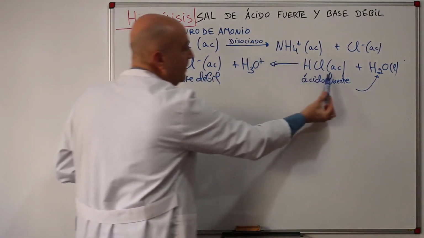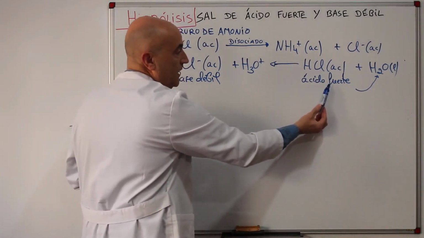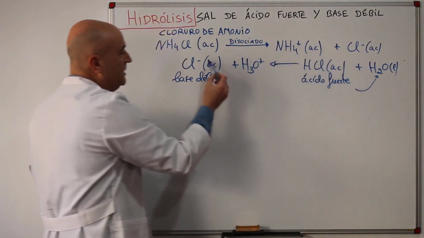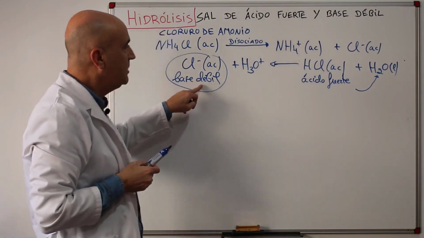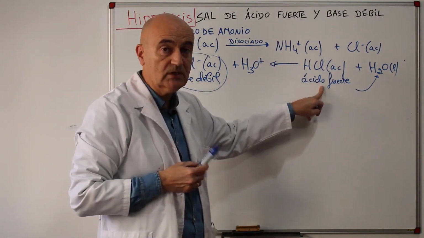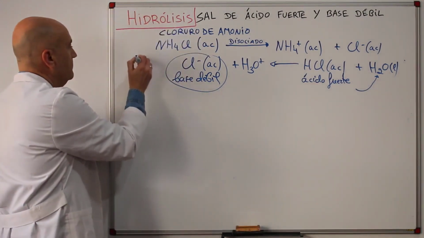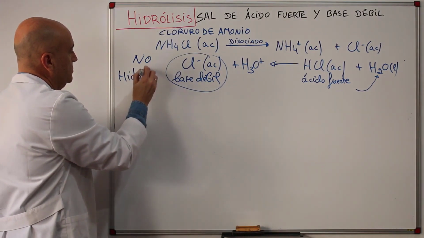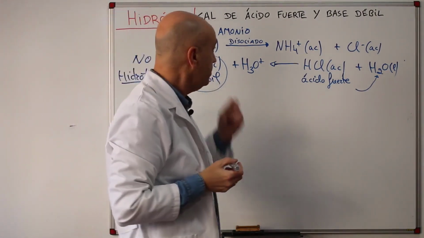It is not going to cause the formation of hydrochloric acid; rather, hydrochloric acid will react with water and dissociate into its ions, and we will have only the chloride. Therefore, the chloride coming from a strong acid, as I mentioned in a previous video, does not undergo hydrolysis.